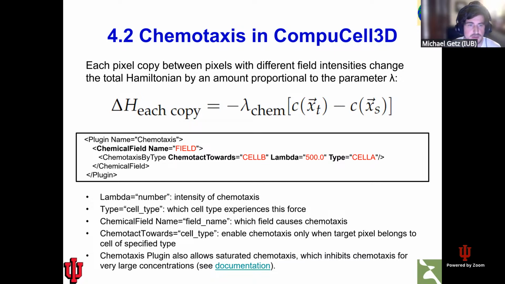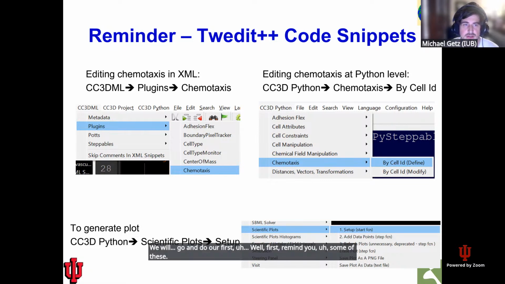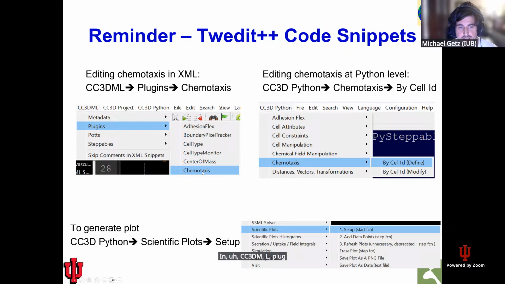So we will go and do our first, well, first remind you of some of these options. You can find the XML option in CC3DML plugins, Chemotaxis, and it will generate a sample block for you.